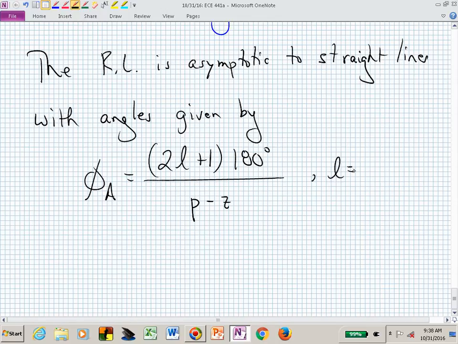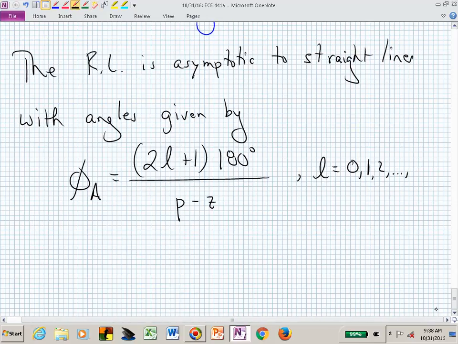And L goes from 0, 1, 2, up to P minus Z minus 1. So 1 less than the pole zero excess. I'm going to be calling P minus Z, probably routinely, the pole zero excess.